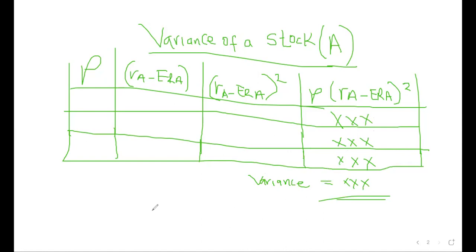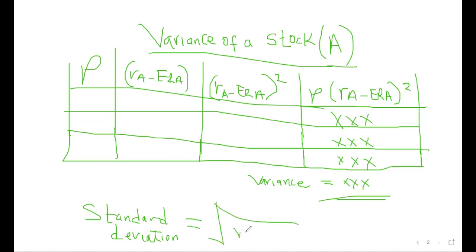Then the square root of the variance is the standard deviation. So standard deviation is equal to the square root of variance. This is just what is going on here.